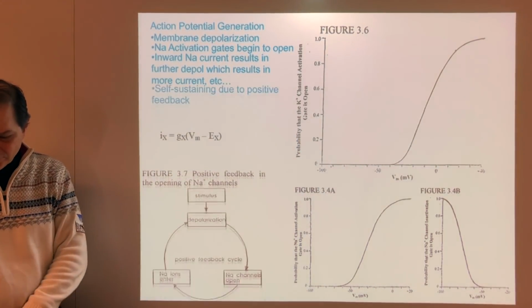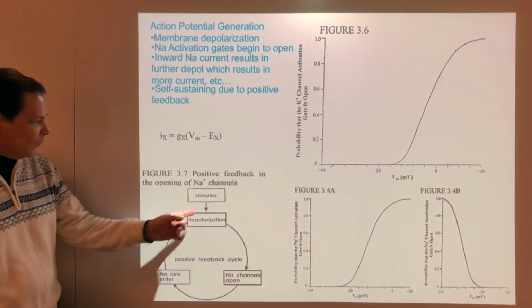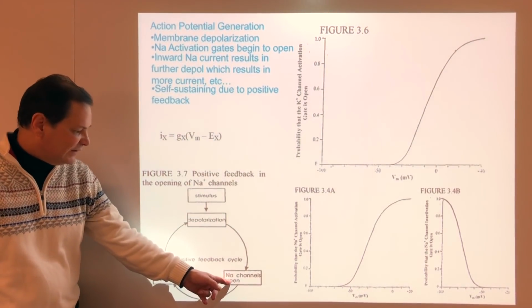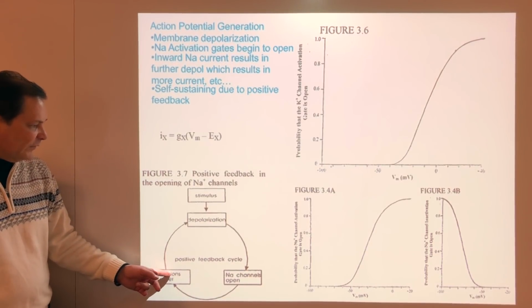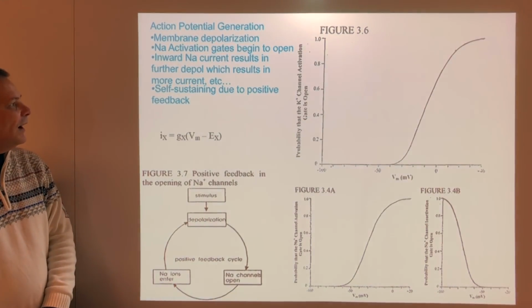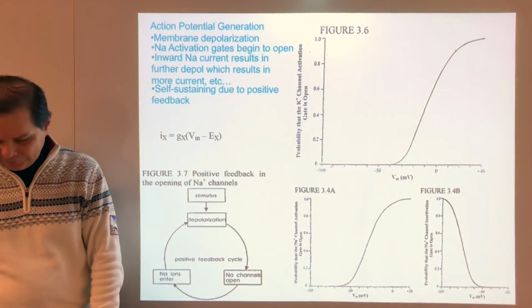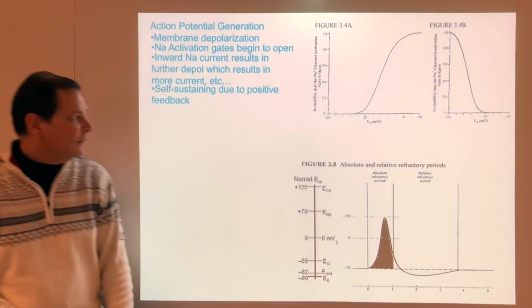So it's a positive feedback system where the more sodium you bring in, the more depolarization you get. The more depolarization, the more open sodium channels, the more sodium flows in and the more depolarization you get, okay? So that positive feedback causes your upstroke in your action potential like so, up, okay?